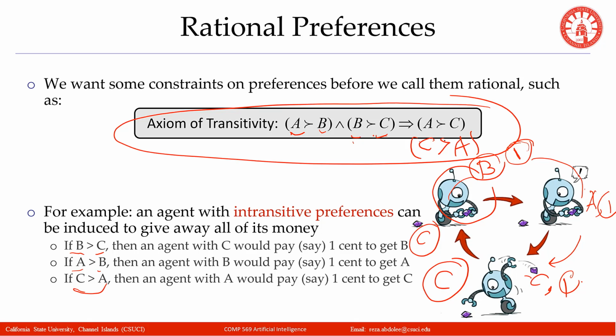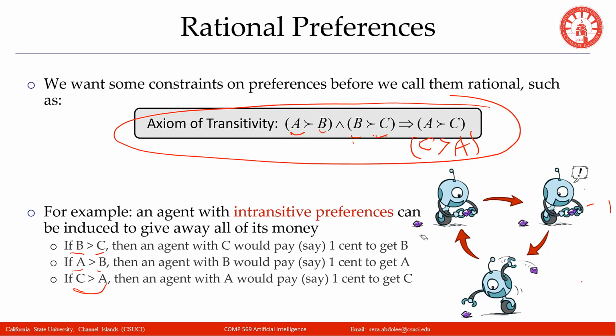Therefore, in making our agent act rationally like us, it needs to follow these axioms. So this is one of the axioms.